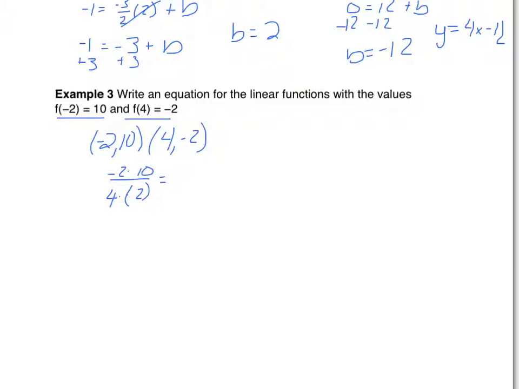Okay, so from here you should be able to take it. Again, it does not matter which one of the points you plug in. I'm going to go with (4, -2).